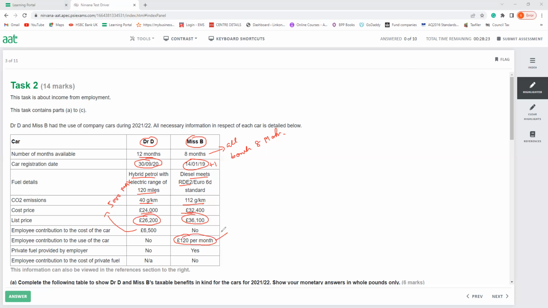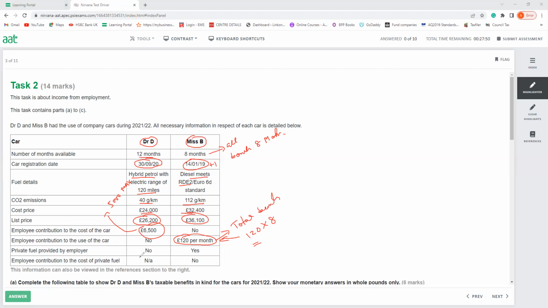So this will be reduced from her benefit. From the total benefit, we need to reduce 120 per month, so 120 times 8 months she used the car. Remember that this 6,500 will be deducted from the list price of the car, but this 120 per month will be deducted after the benefit calculation.